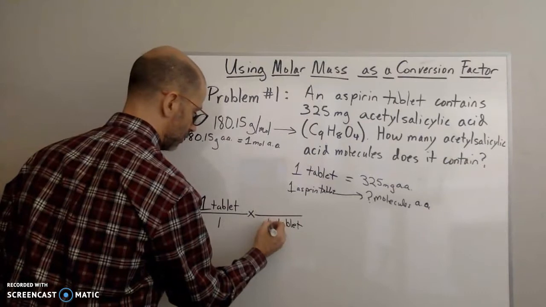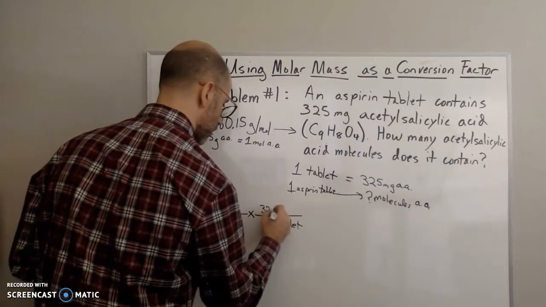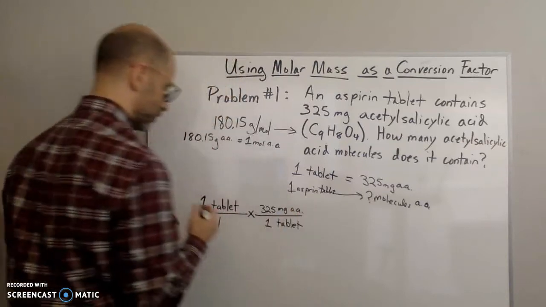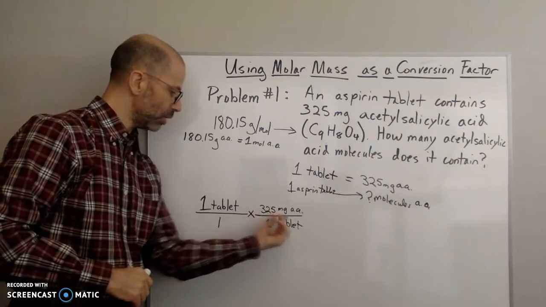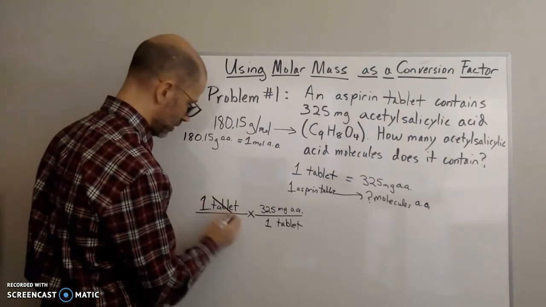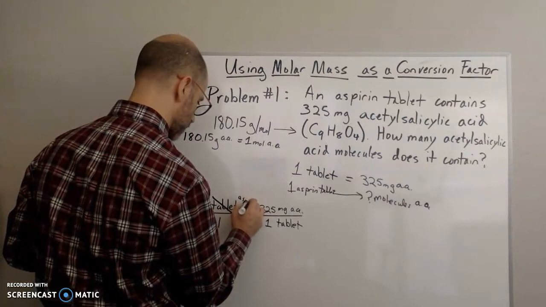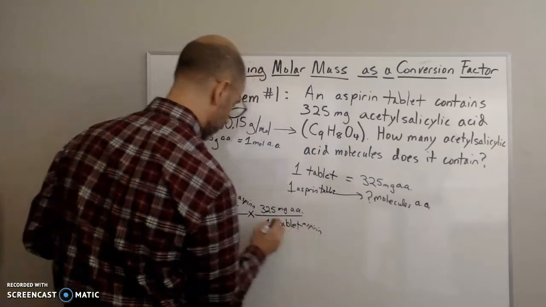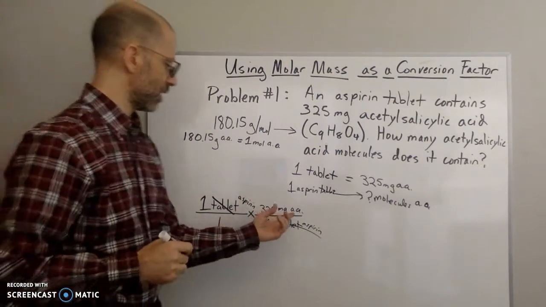And I have one tablet, and then on the top, I'm going to put 325 milligrams of my acetylsalicylic acid. So remember, I always have 3 things: the number, the unit, the substance. Okay, now the tablets, I should have tablet of aspirin if I want the substance aspirin, right? Aspirin. Okay, so that's going to cancel out. Now I have milligrams of acetylsalicylic acid.